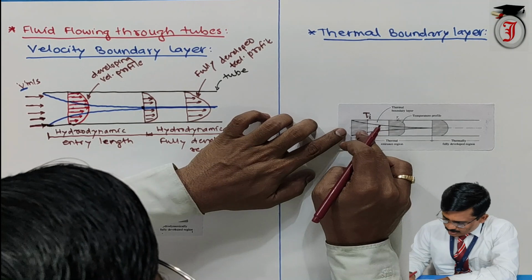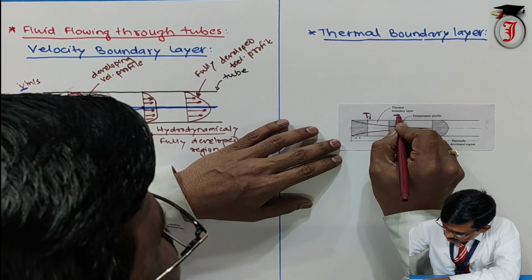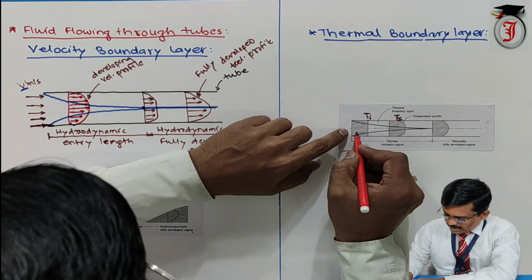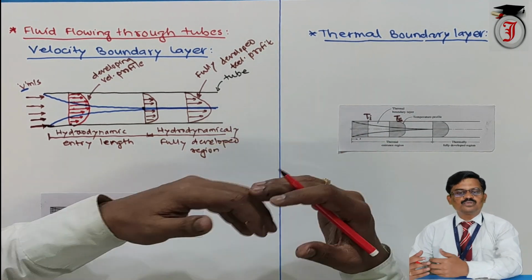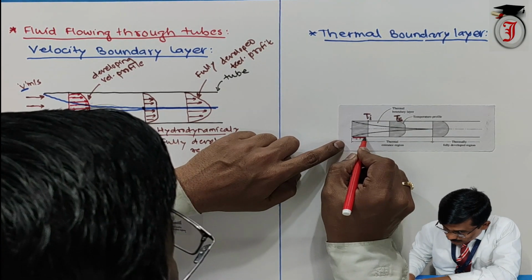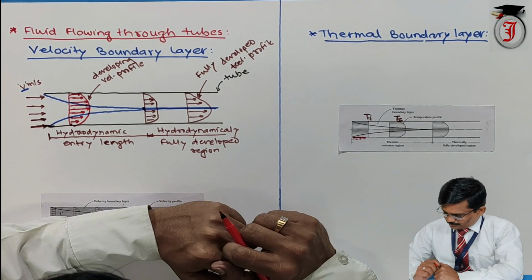When it comes in contact with the tube surface, which is maintained at some different temperature Ts, the fluid particles in the layer in contact with the surface of the tube will assume the surface temperature.